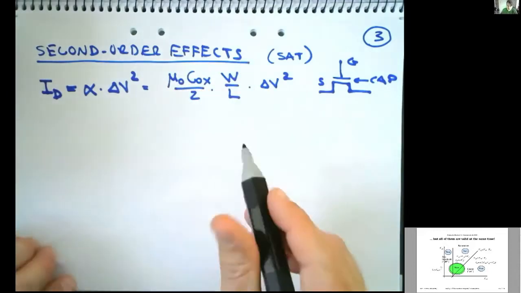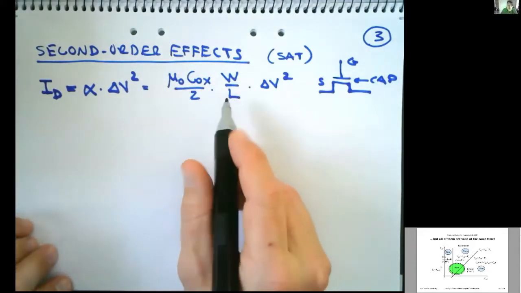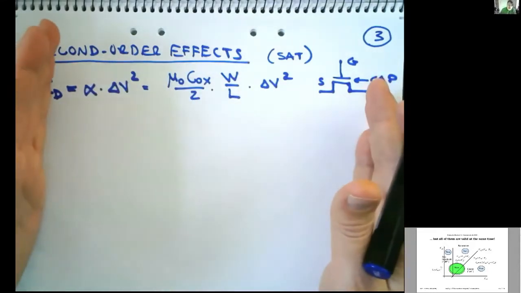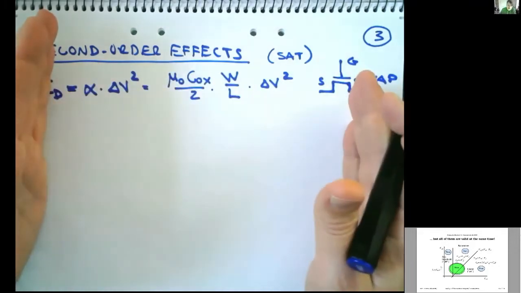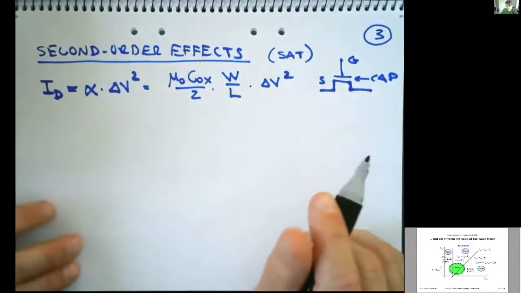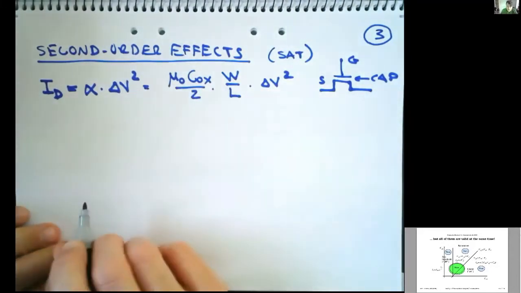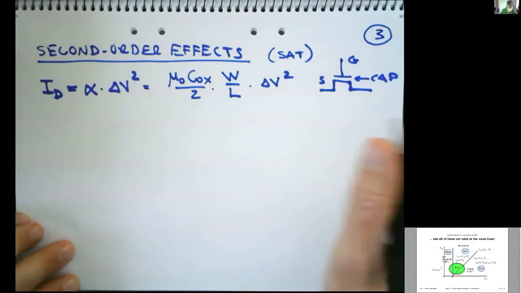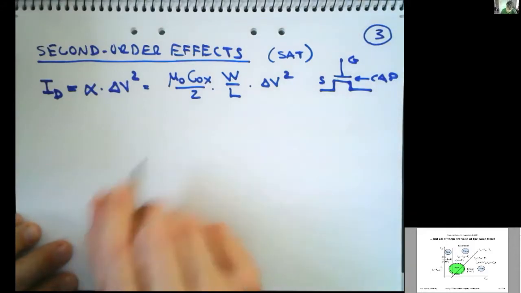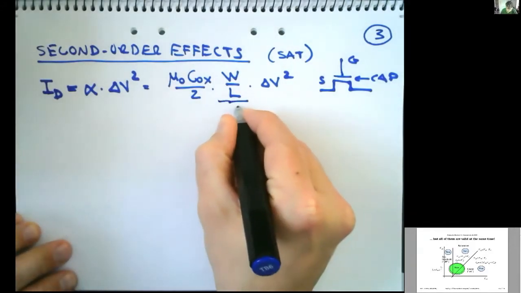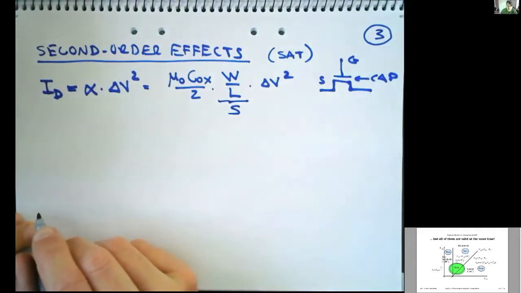The longer it is, the less current, because it's a long distance from drain to source of your transistor. Once again, if you want to read up on the physical descriptions, that's well explained in the book, and there's no point in doing it here. We sometimes refer to this as S, as in size of the transistor.